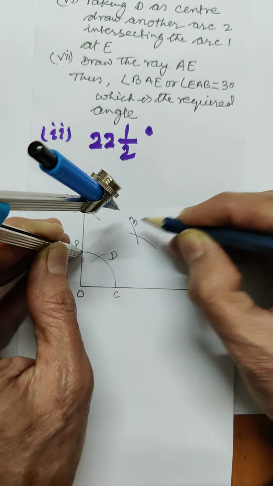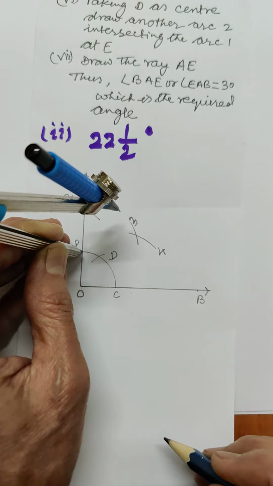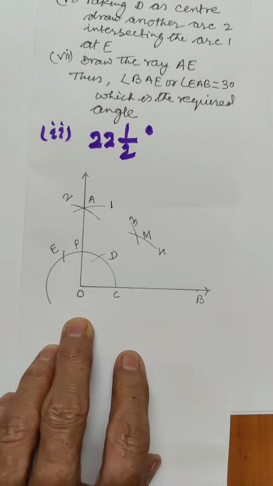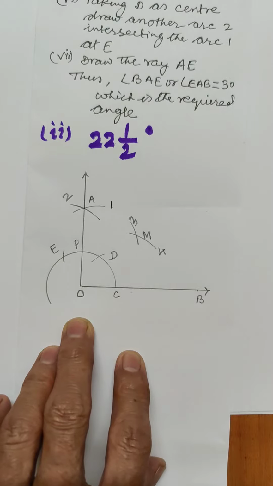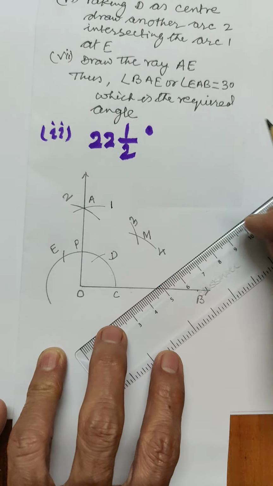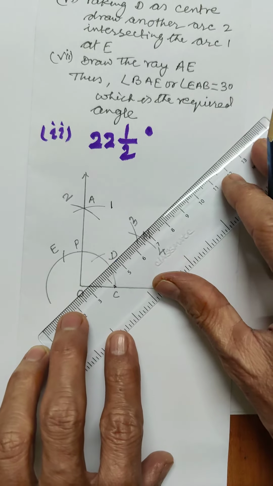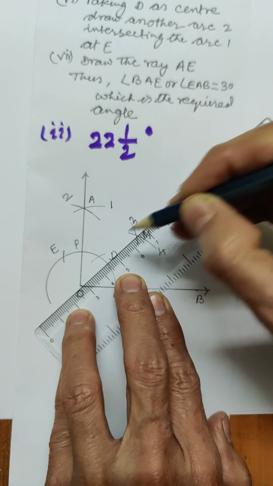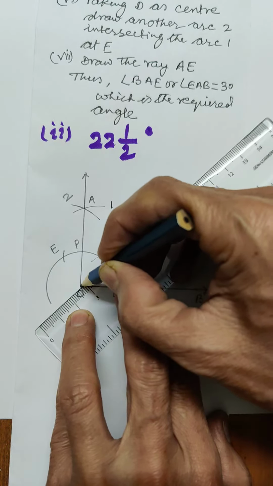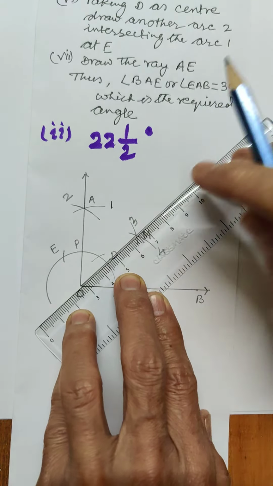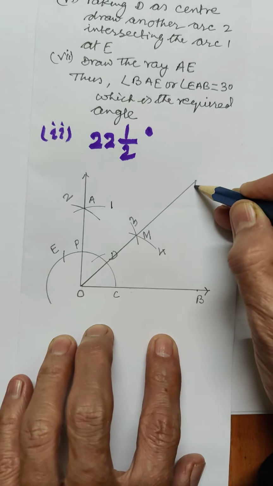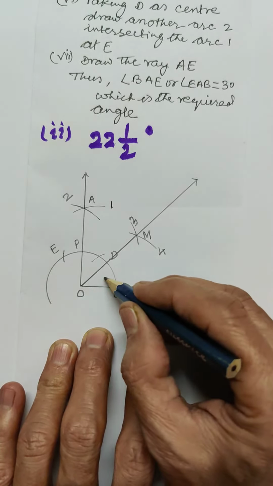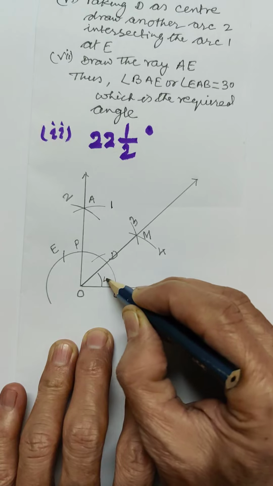Arc number 3 and arc number 4 are intersecting, say it is at M. Now we shall draw a ray joining the point M to O. Now MOB is an angle of 45 degree.